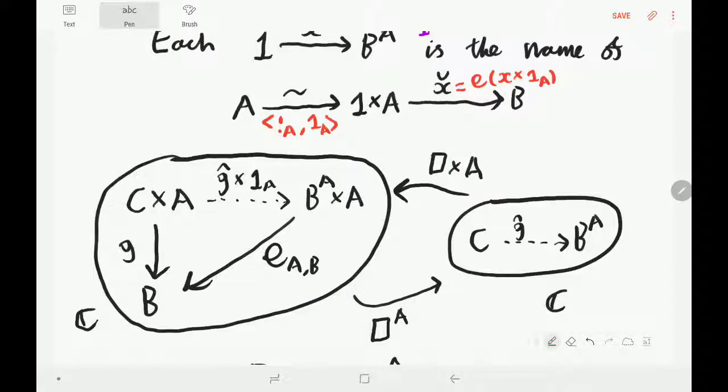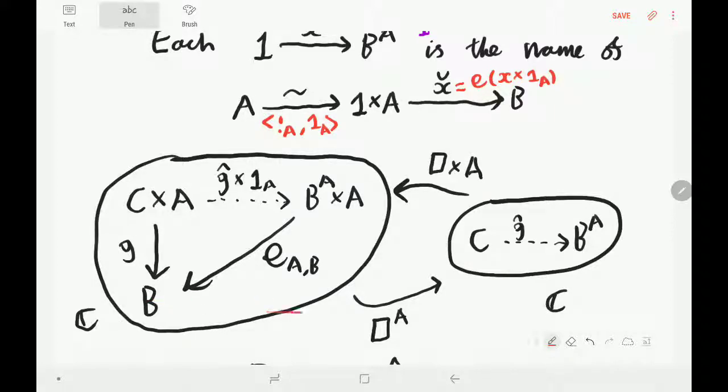So the way this works is, let's say we have an object B and we want to apply this exponentiation functor to it.